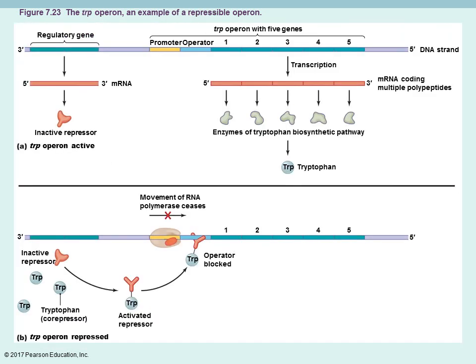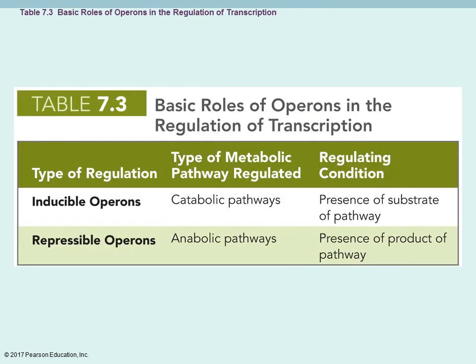This is showing the trp operon. I want you guys to be familiar with the lac operon. That was the first one discovered. That is the most well-studied one. But just know that different operons can operate in different fashions as to whether they're activated, whether they're repressed, whether they're induced.